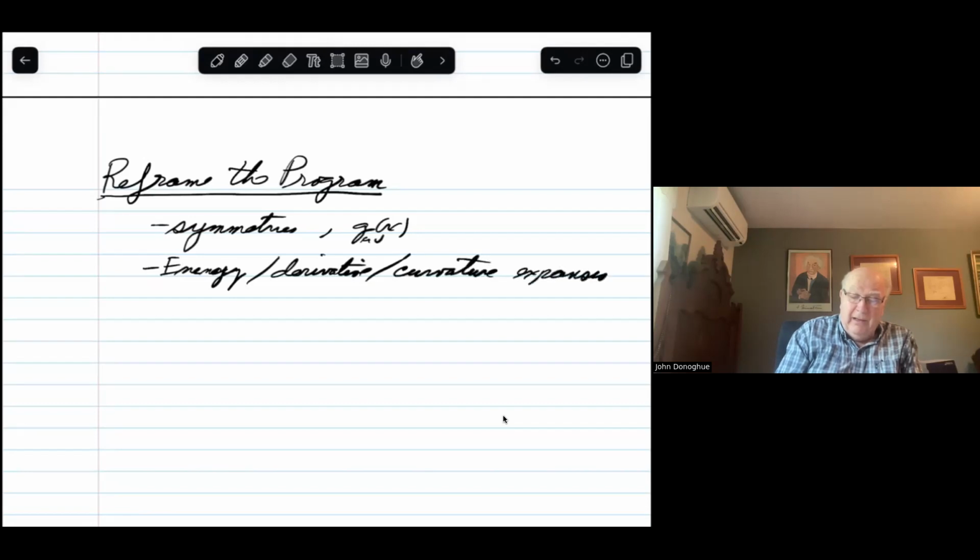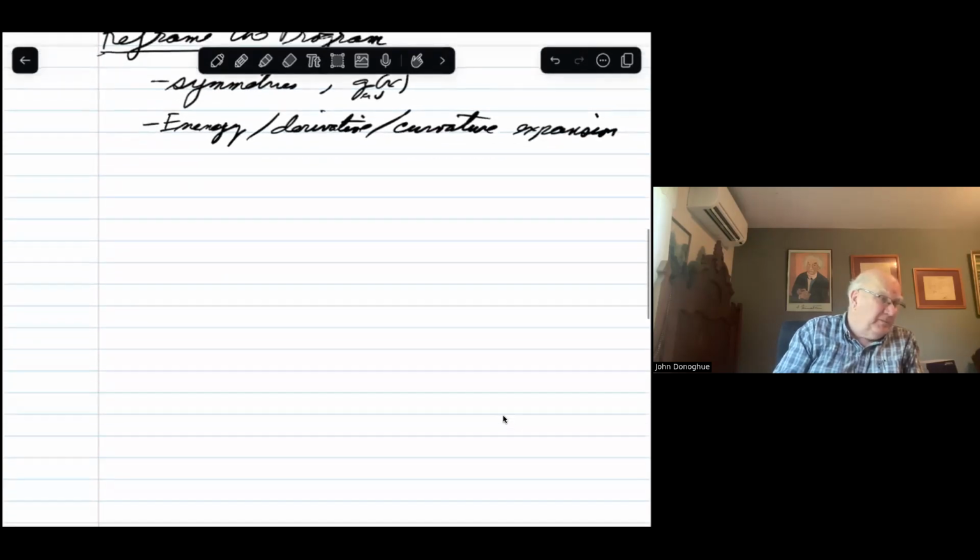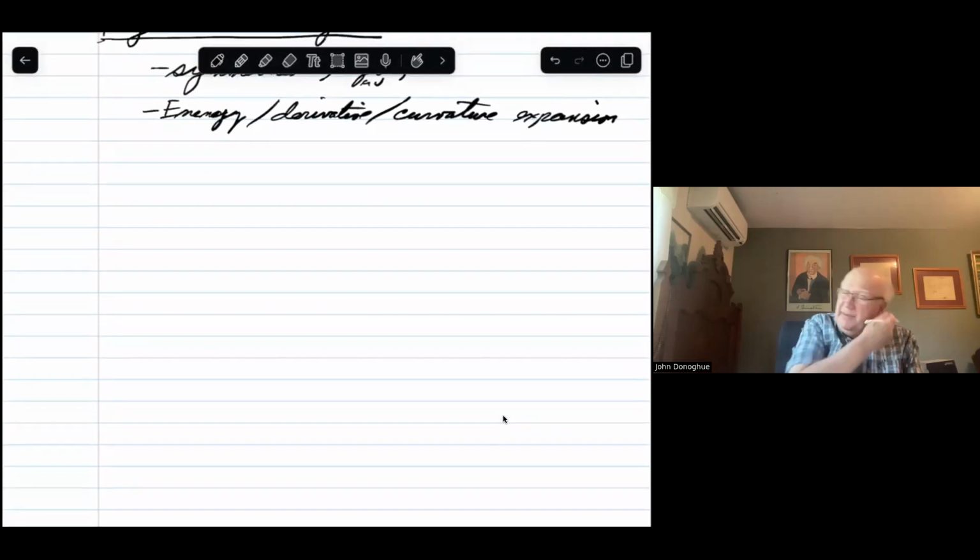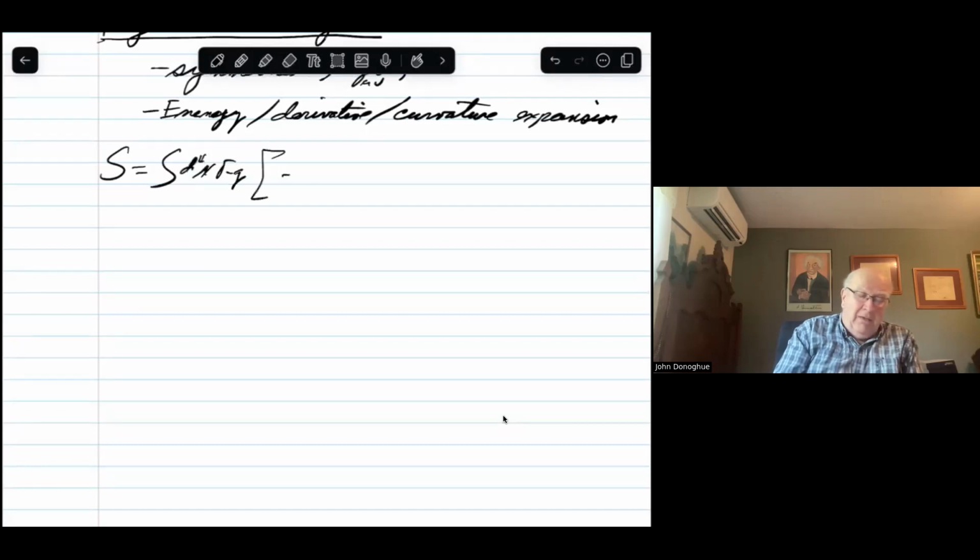In doing so, we had previously been focused on the Einstein term, but in general, the action would be integral d4x square root of minus g. There's a cosmological constant. There's the Einstein term.